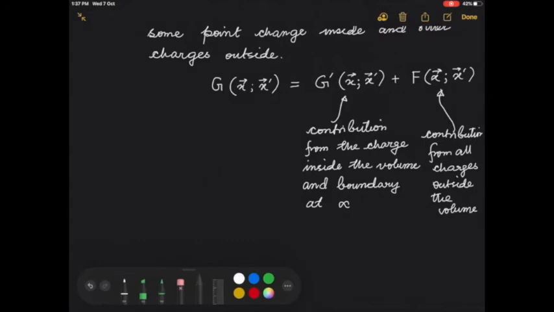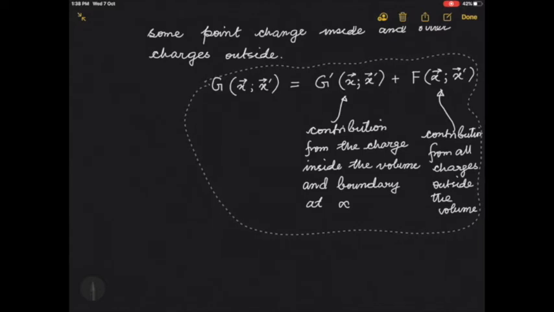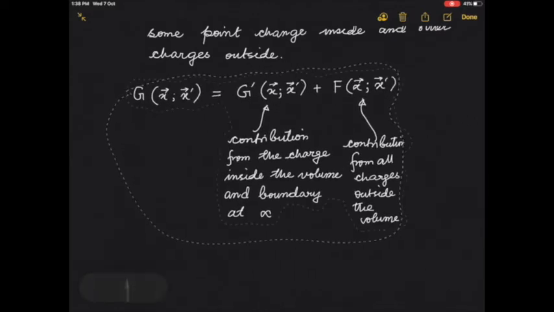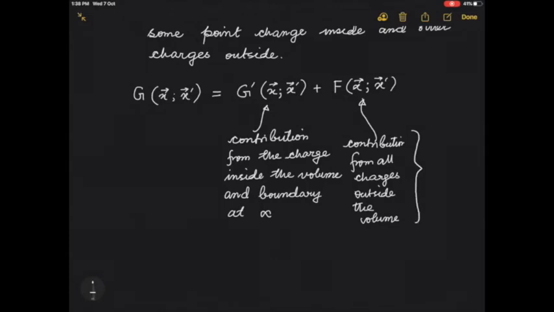Look at it carefully. Where will this information lie? Where can I have the information of all the charges outside the volume? I cannot have it on the operator because that decides my G prime. I cannot have it on the point charge inside the volume because that also decides what is G prime.